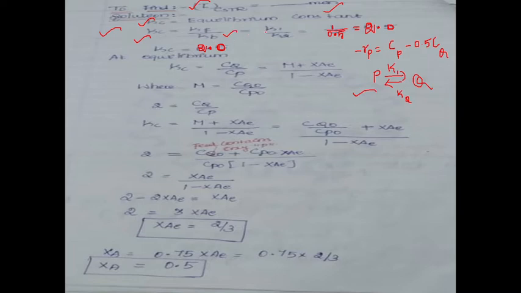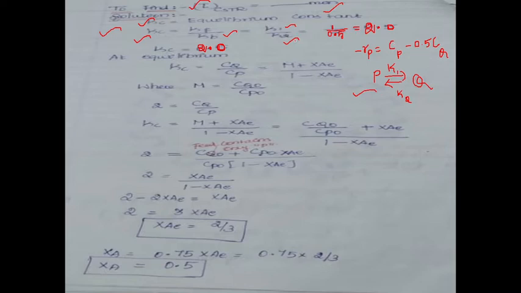As per our reaction, the forward reaction rate constant is K1 and the backward reaction rate constant is K2. So K1 by K2, from the equation minus Rp is equal to Cp minus 0.5 Cq, where K1 is 1 and K2 is 0.5.